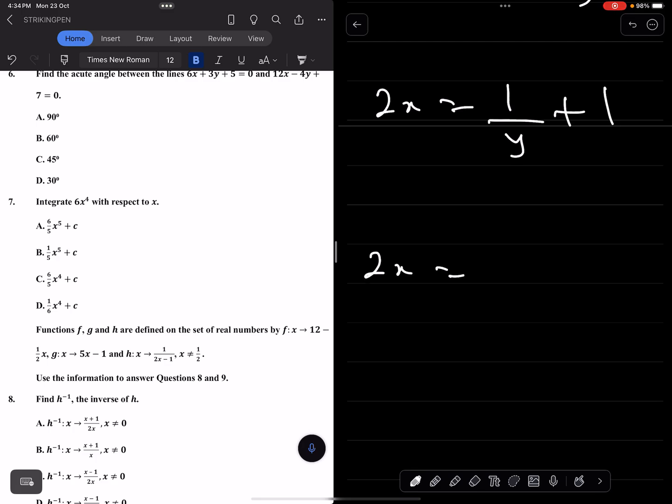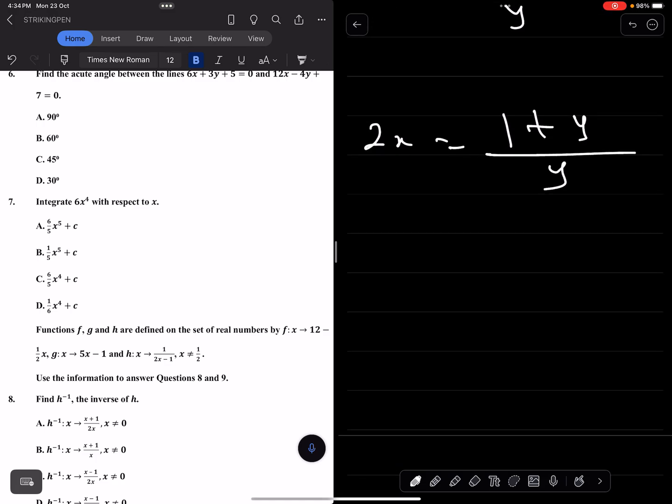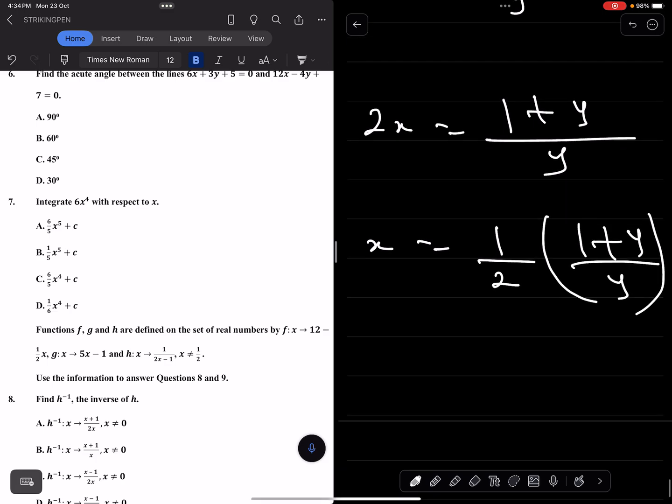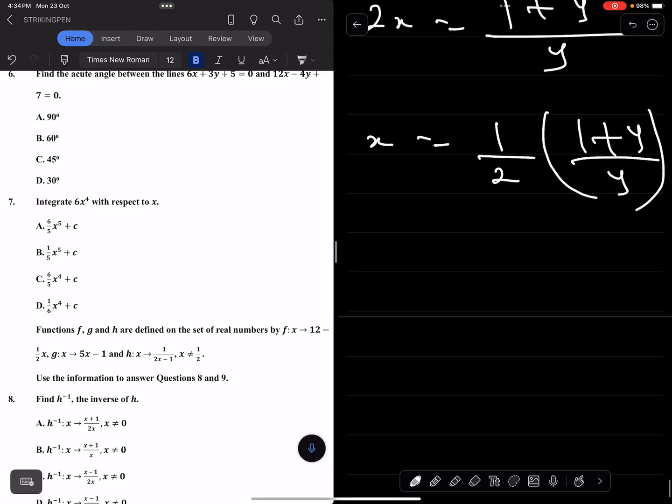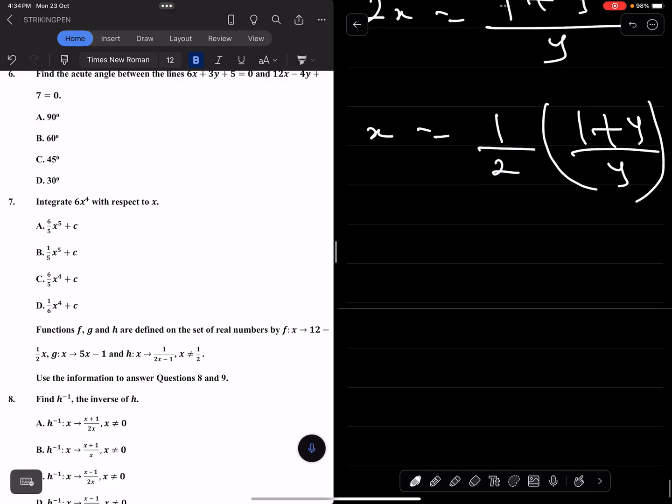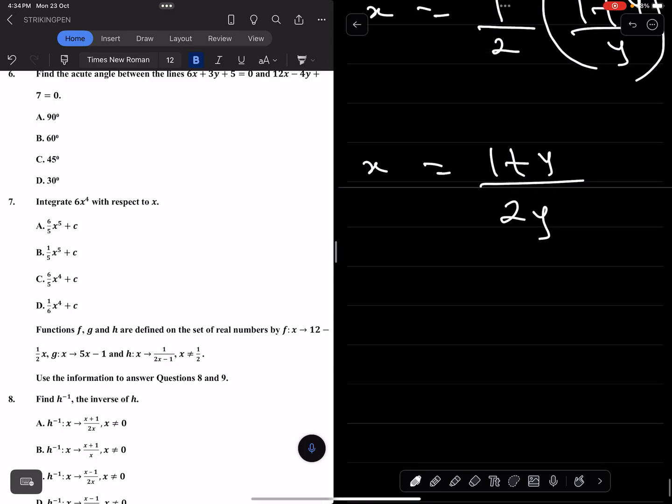If I find the LCM, the right hand side is going to be 1 plus y over y. Now if I divide both sides by 2, then x will be equal to 1 over 2 times 1 plus y over y. Dividing by 2 is the same as multiplying by 1 over 2. So that means x equals 1 plus y over 2y.